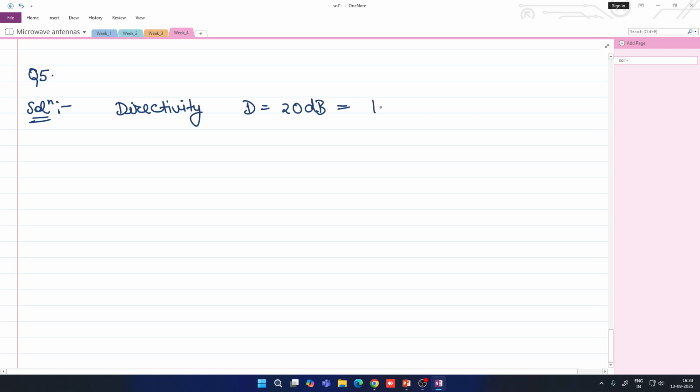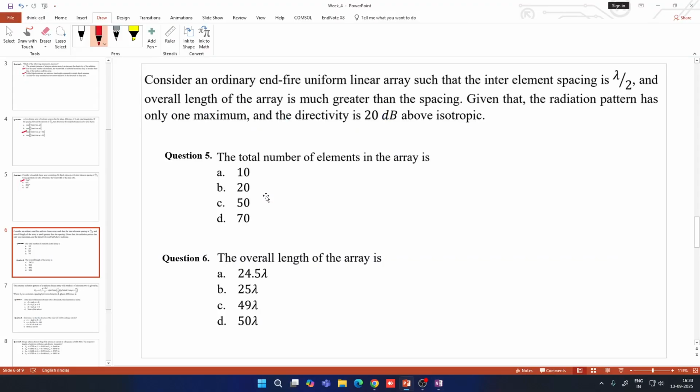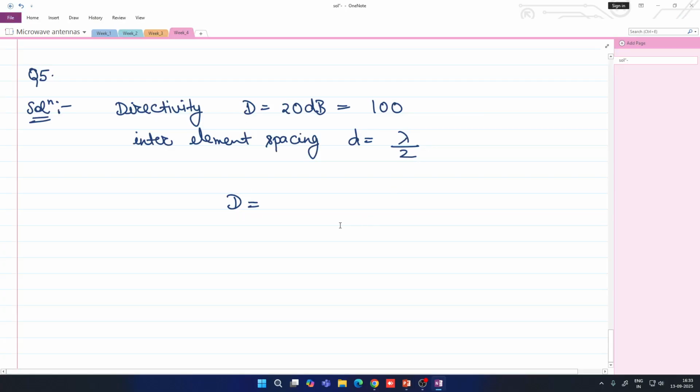If I write it in linear scale, it is 100, and inter-element spacing is given as lambda by 2. Now directivity of an end-fire uniform linear array is given by, so I'm directly using the formula here.